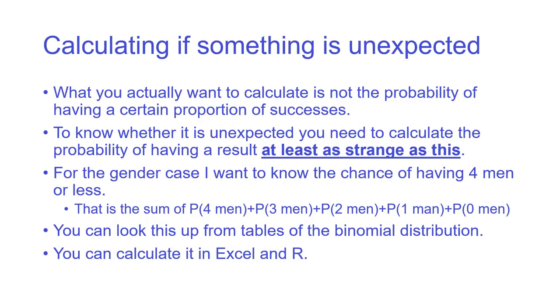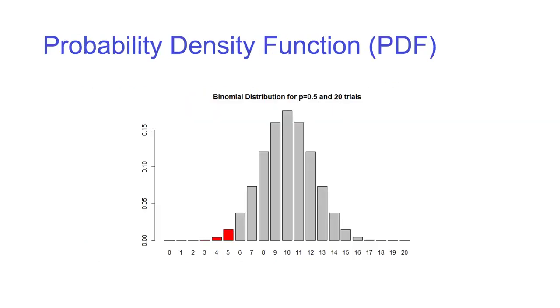So to do that summation, I would do exactly the same sort of calculation as you do in Excel before, but instead of putting false, you put true. So then you end up with a red area on a probability density function. Instead of just having how much probability there is in a single one of the columns, you have how much there is cumulative in the tail.